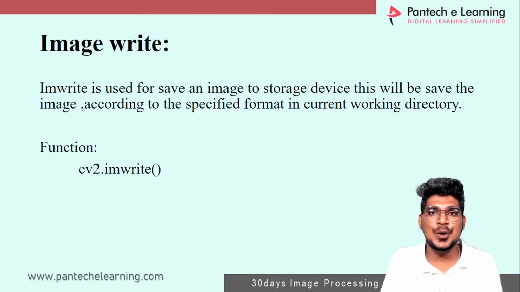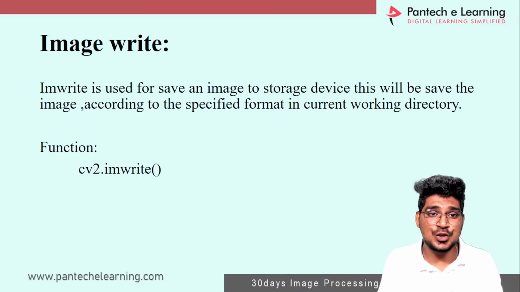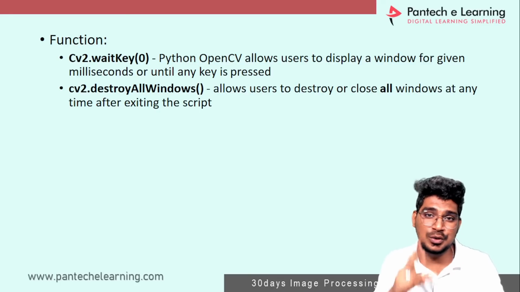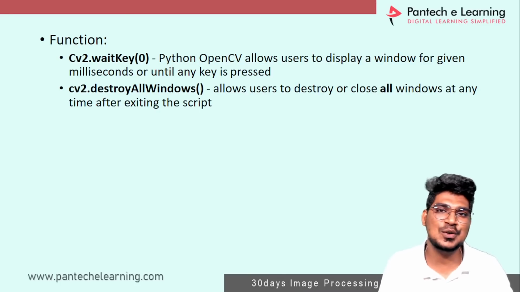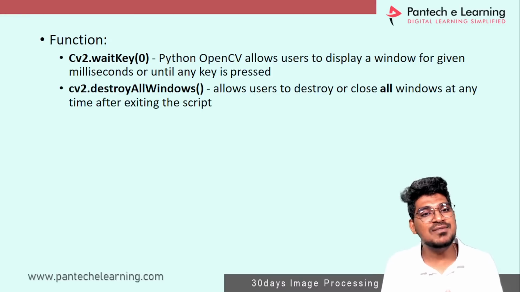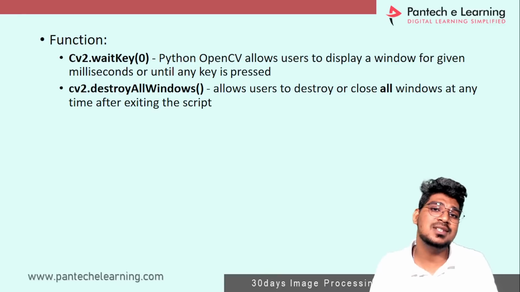So now I am going to write the code for these two different functions. But before entering the coding, we need to understand two more functions, which are sometimes necessary. What is that? cv2.waitKey. What is the purpose of this?